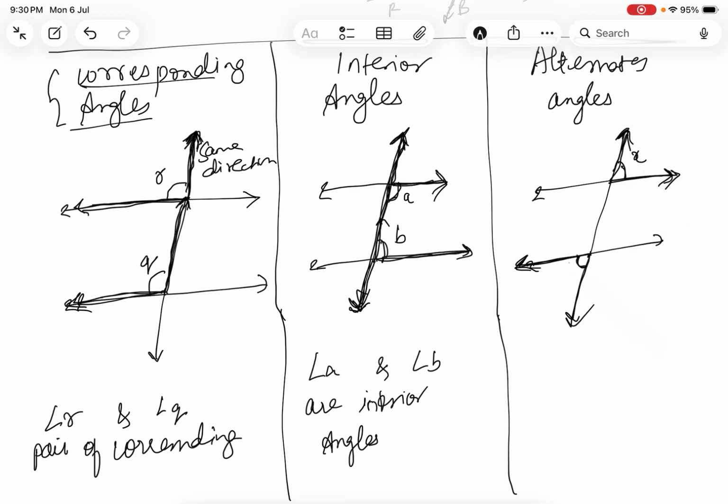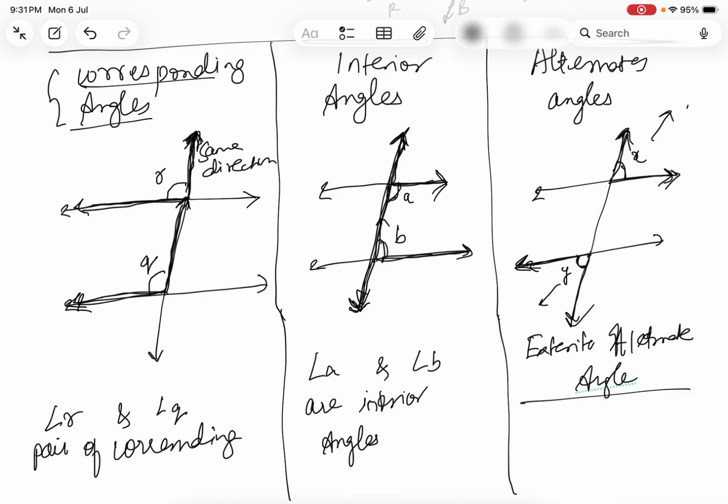Let's say X and Y. As you see, these are outside both lines, right? They are lying on the outside of the diagram. So these are known as exterior alternate angles, when they are lying outside.